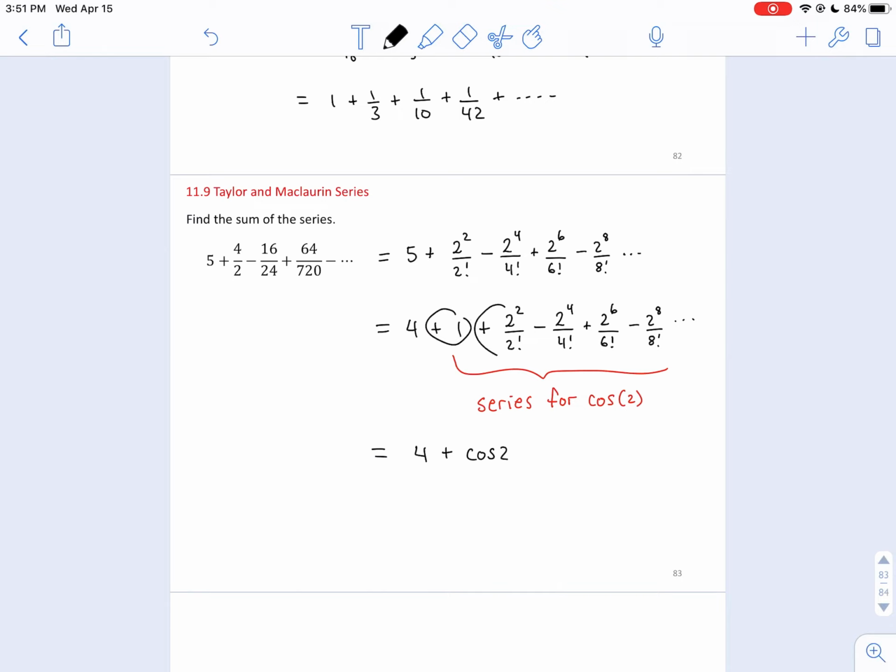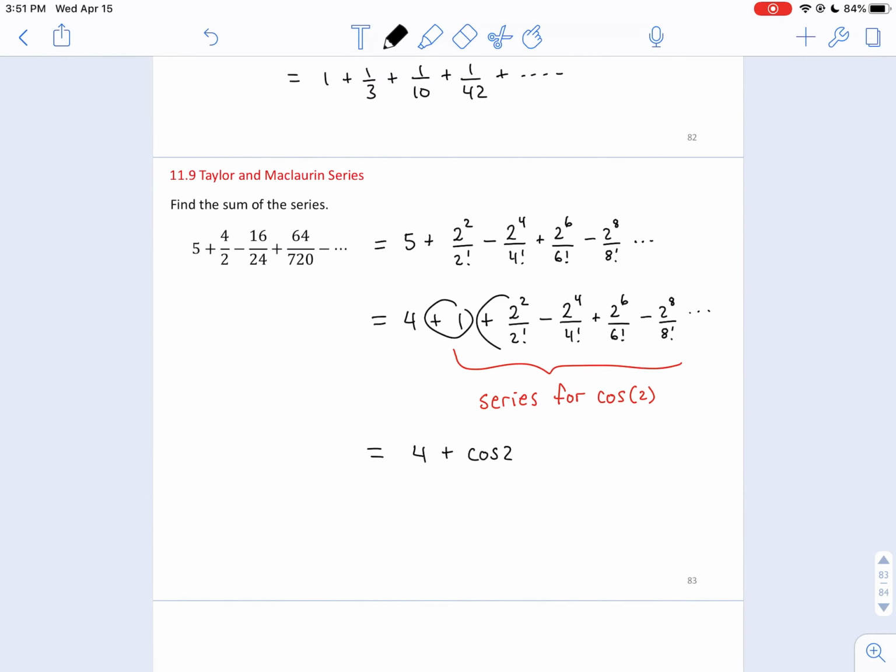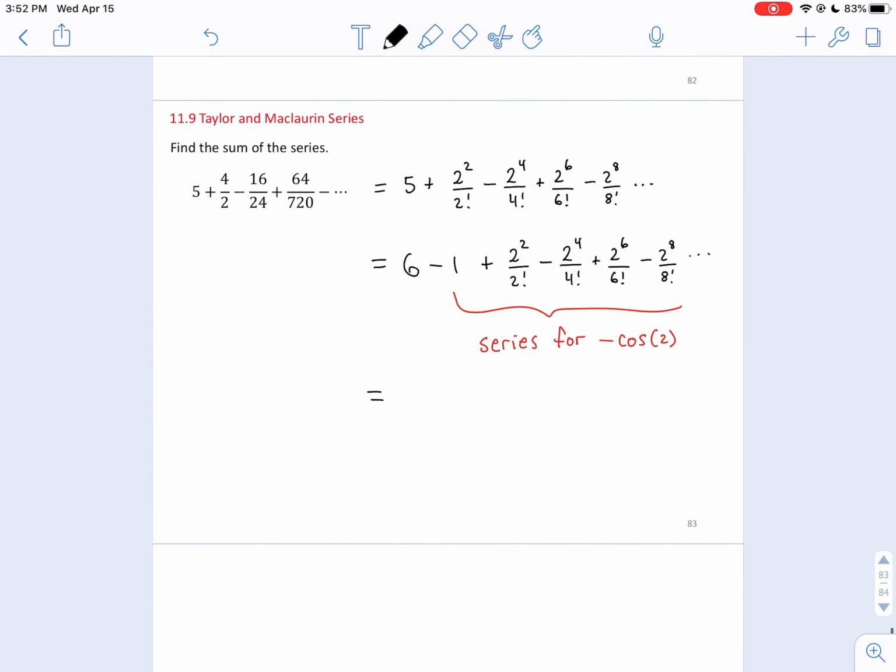We actually want a negative 1 here to start because the series for cosine starts at positive 1 and then goes to negative 2 squared, but we are forced to switch the sign of that because these signs are offset. So we actually want to change this to 6 minus 1, break apart 5 that way, so that negative 1 plus 2 squared over 2, that's a series expansion for negative cosine of 2, which means that this series should become 6 minus cosine 2. From this point on is all negative cosine 2, and you can think of it as saying 6 plus all that.